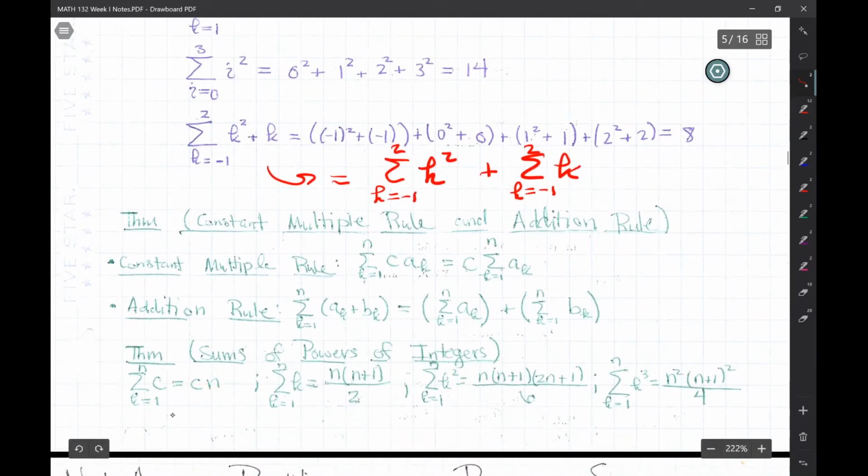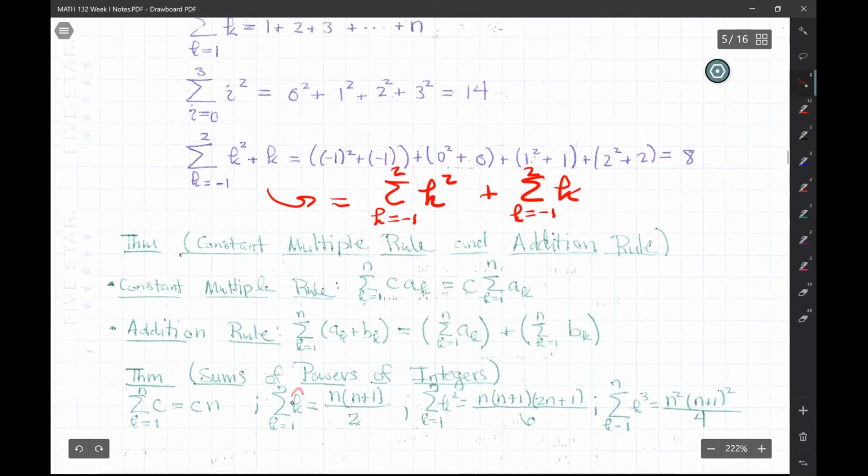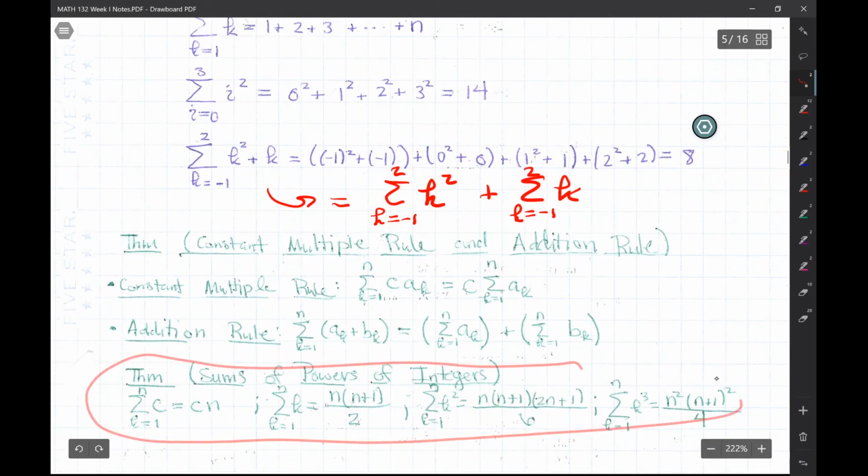Another common sum is to just have k, and here we have this formula when we're summing up to an upper limit of n. Likewise, we're summing here from k equals 1 to n of k squared, and we get this expression. And for k cubed, we get this expression when we're summing up to n. We'll make use of some of these formulas for future calculations.